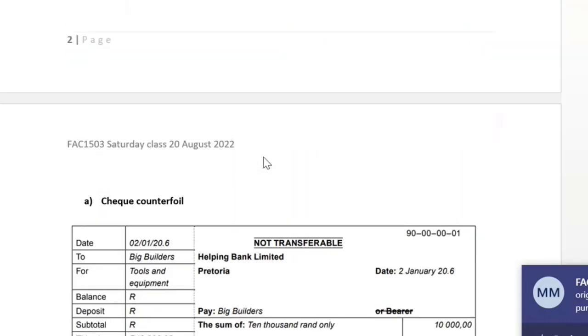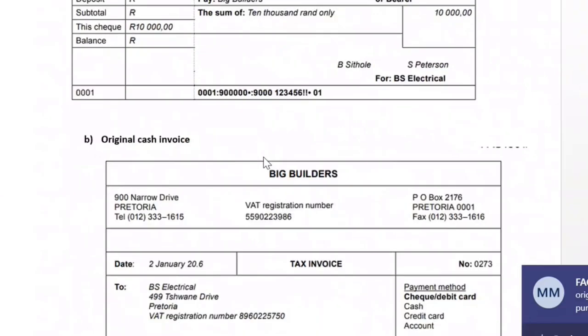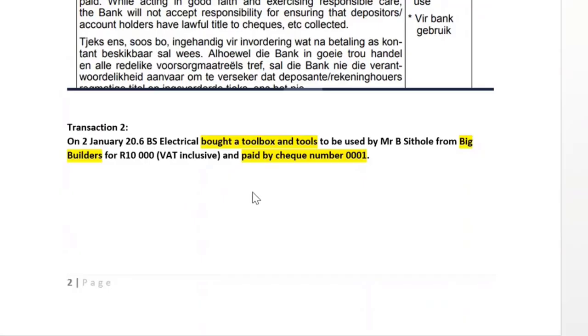They want to see the original tax invoice that will detail that whatever was bought was a toolbox and tools, and the amount on that invoice is 10,000 including VAT.